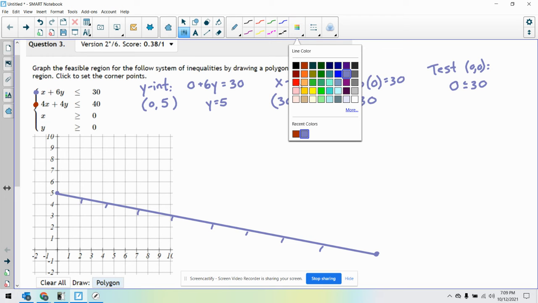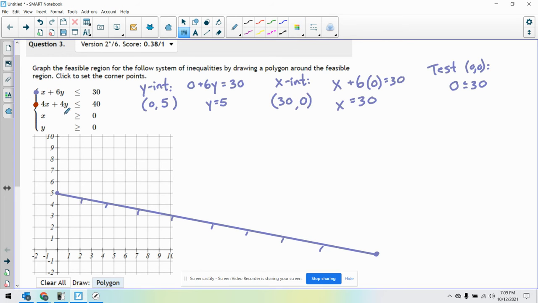Now let's do the second line. It's also in standard form, so I'm going to graph using intercepts. The y-intercept, that's what I get when x is 0. So if I plug in 0 for x, I get 4y equals 40, or y equals 10. And then you should see that since x and y have the same coefficient, the x-intercept is just going to be flipped.